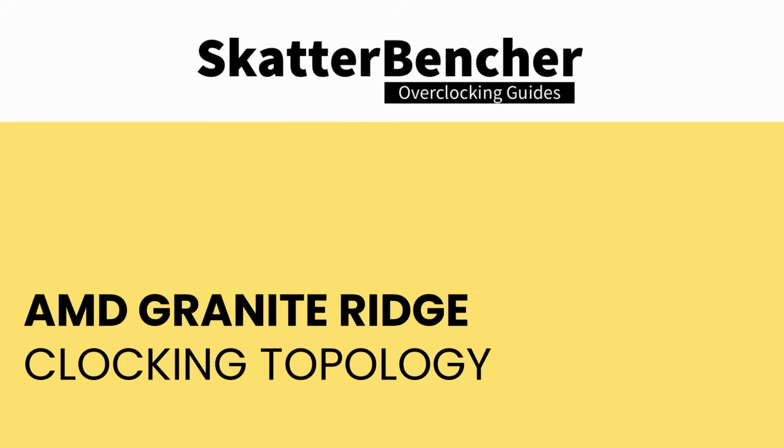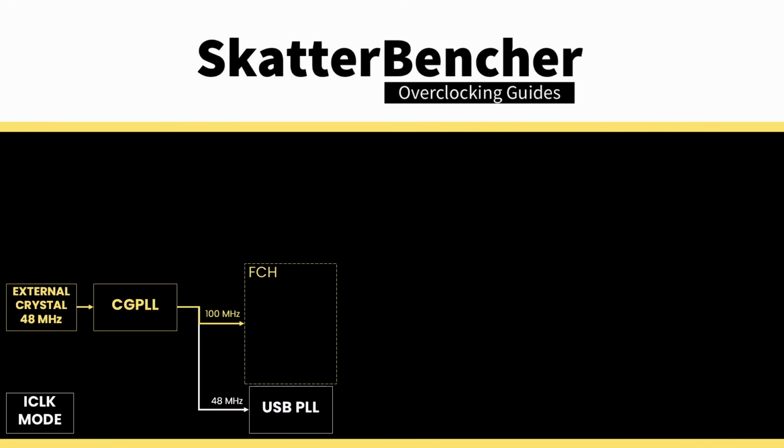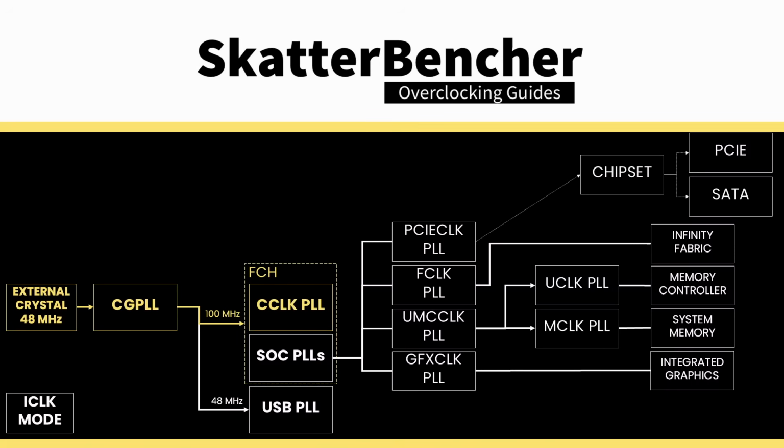To better understand the performance tuning opportunities embedded in our Ryzen CPU, let's have a look at its clocking and voltage topology. The standard Granite Ridge platform has a 48 MHz crystal input to the integrated CG-PLL clock generator. The CG-PLL then generates a 48 MHz clock for the USB PLL and a 100 MHz reference clock for the FCH, which contains the CCLK PLL for the CPU cores and several SoC PLLs.